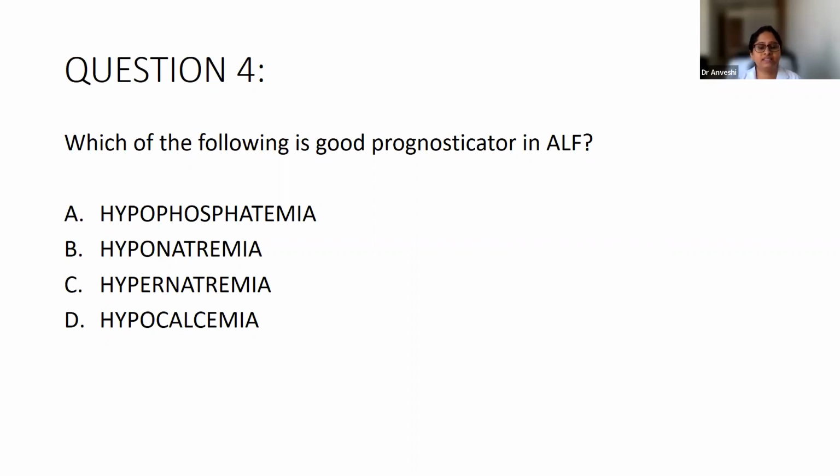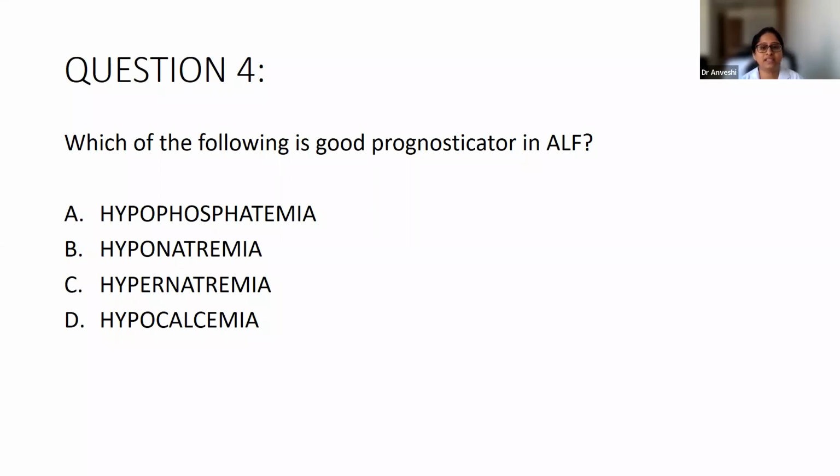Dr. Kalyan has elaborately said, and he's repeated this a number of times, that this is one good prognostic factor which tells us that the patient has good chances of survival. I can see a few answers: hyponatremia, a few answers hypophosphatemia. Good, hypophosphatemia.